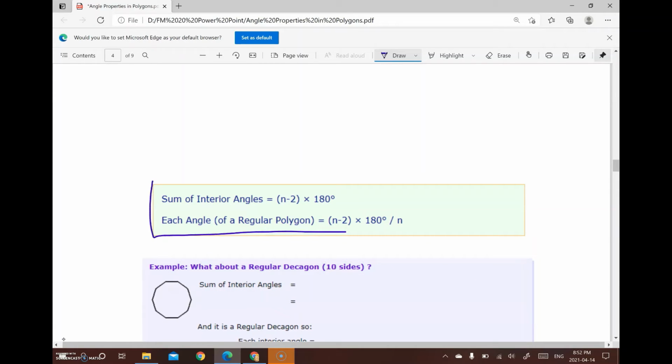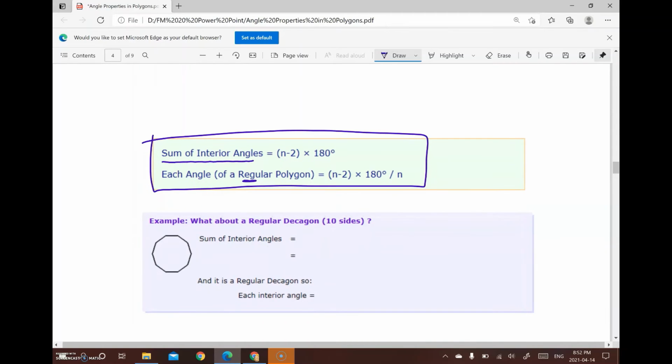Here are your formulas one more time. If you wanted to solve for the sum of interior angles, n subtract 2, times it by 180. If you wanted to solve for just one angle of a regular polygon, because in a regular polygon all the angles equal each other, n subtract 2, times by 180, and then divide the whole thing by n.